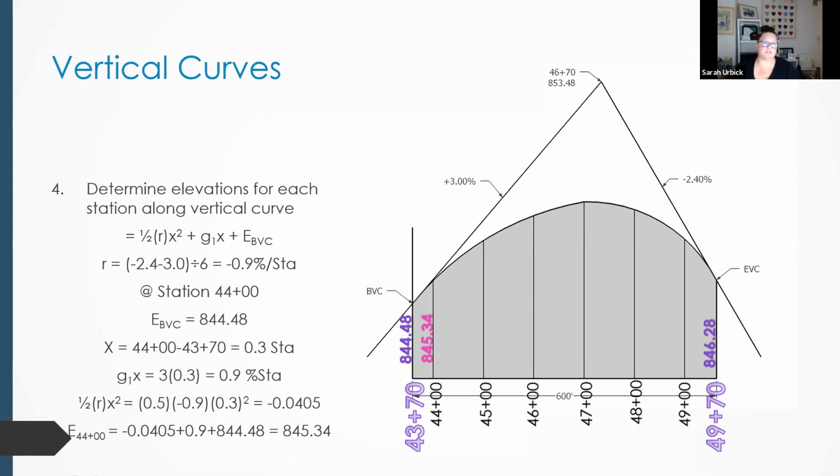These are in stations. 1/2 of negative 0.9, 6 squared. G1 is 3, x is 6, plus our initial elevation.